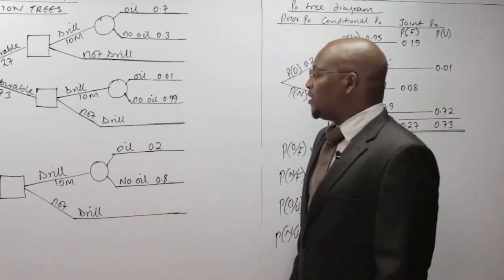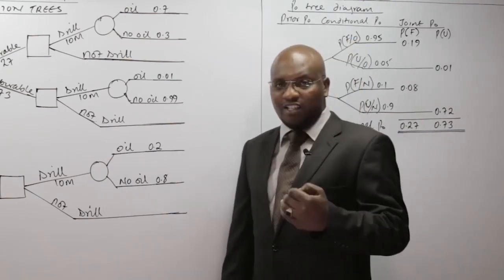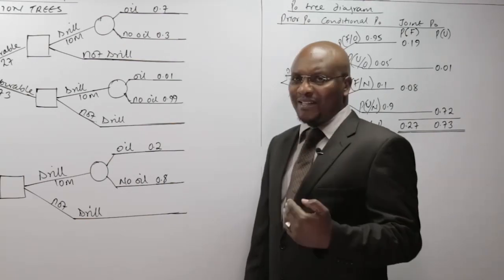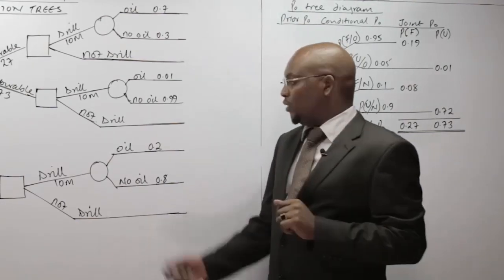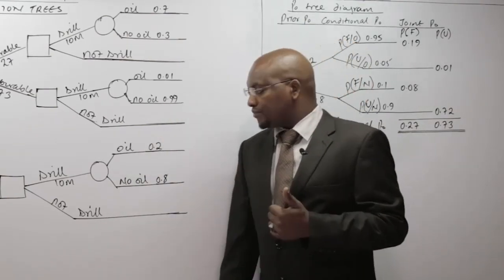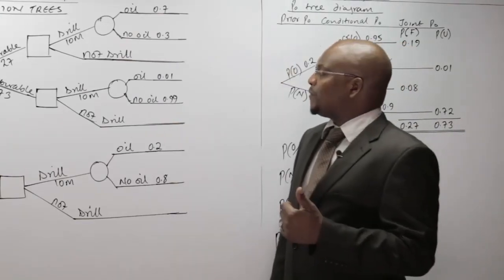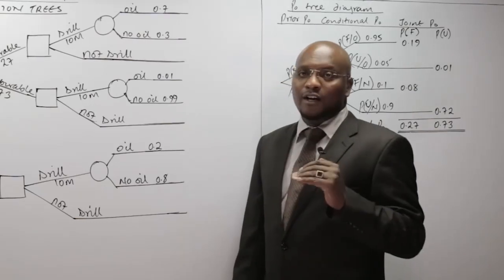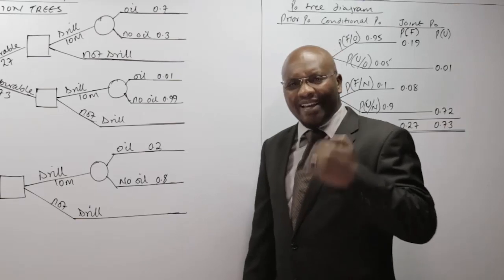If you have a particular outfit that you like wearing, and somebody discourages you that the outfit is not good, you are likely now not to wear it. That's what it means here. And if you have an outfit that you do not wear so much, and somebody encourages you and tells you that outfit is nice, of course you have more likelihood of wearing that outfit.